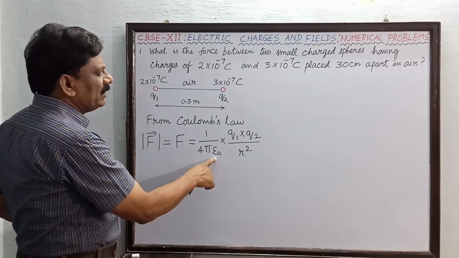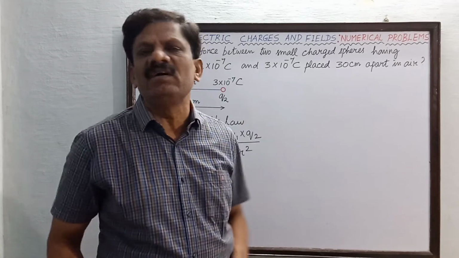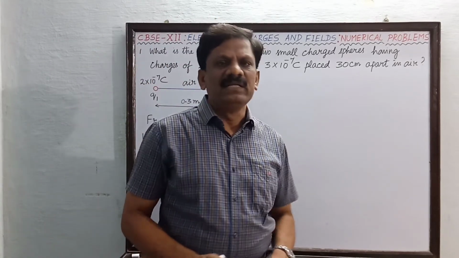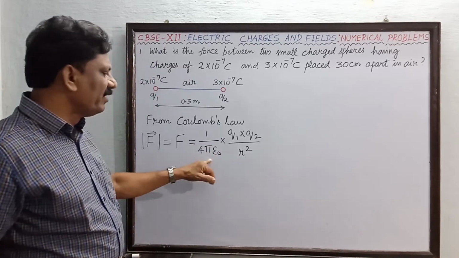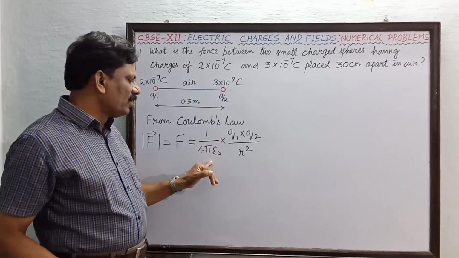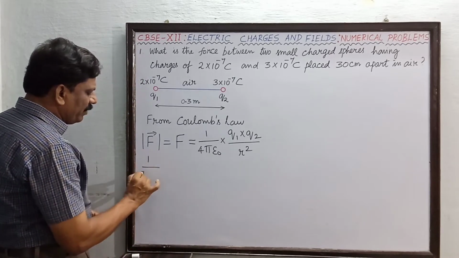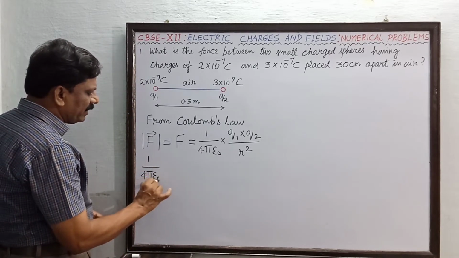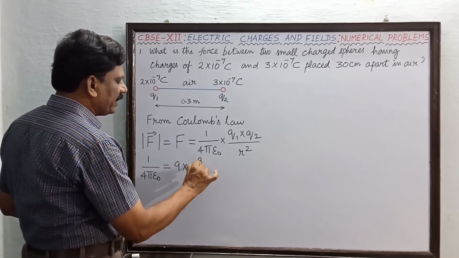Now in air, epsilon naught is called as what? The permittivity of free space. And if you substitute the value of epsilon naught and multiply by 4 pi, then the value of 1 by 4 pi epsilon naught is equal to 9 into 10 to the power of 9.